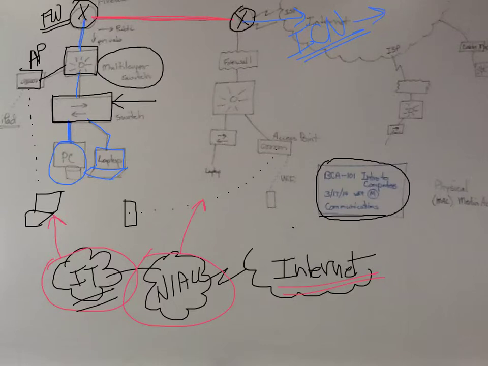Okay, and at the college here, they also have a firewall device, and they have a multi-layered switch, and then from there are connections going all over campus. There are some other devices in here too that we can talk about a little bit more later on. But there are switches in different areas of the building, and you can connect to those using devices like printers.